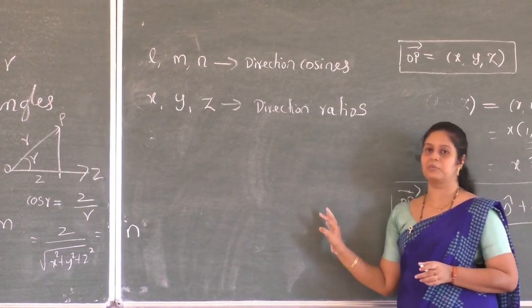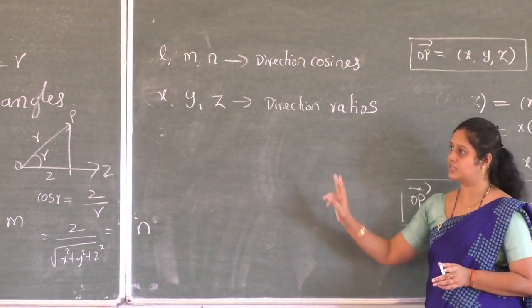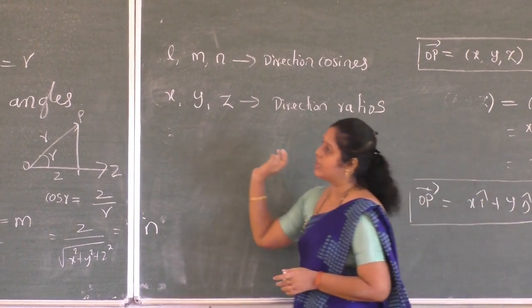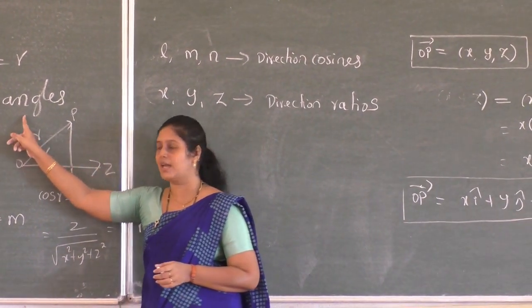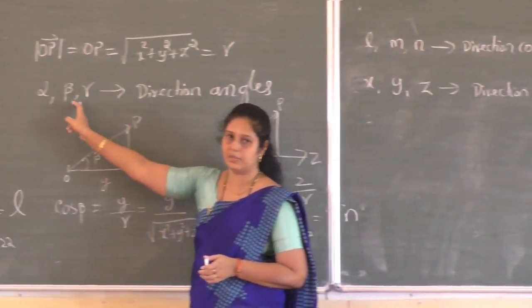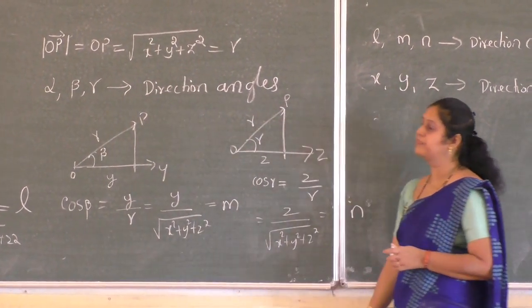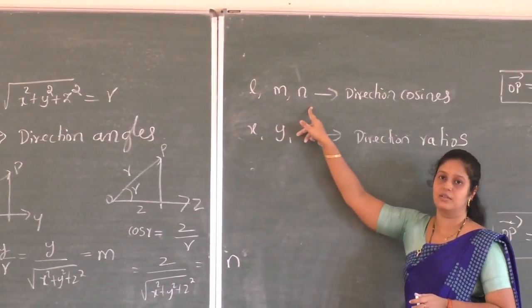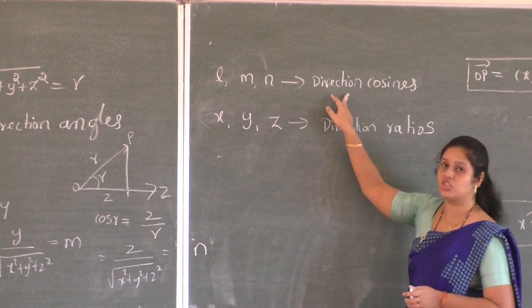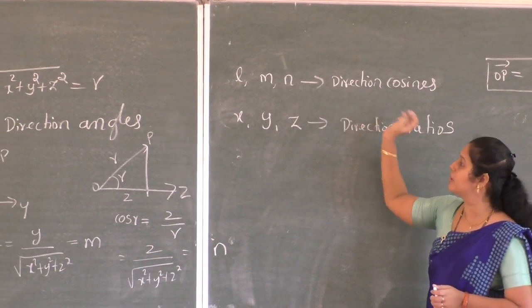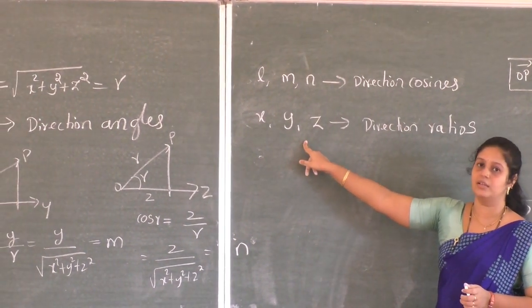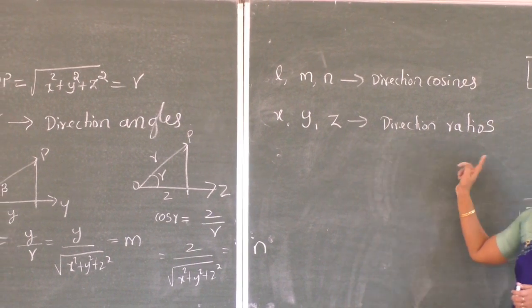So we have to remember these three things. The direction is decided by three angles alpha, beta, gamma. Then L, M, N are the direction cosines. And x, y, z are the direction ratios.